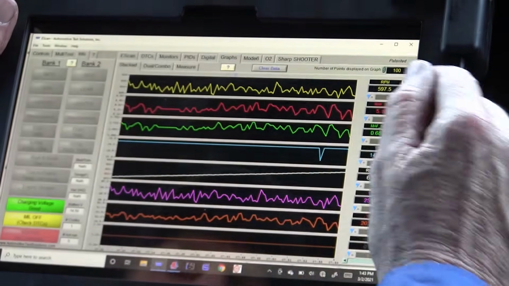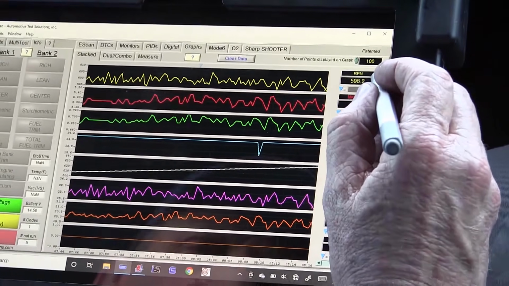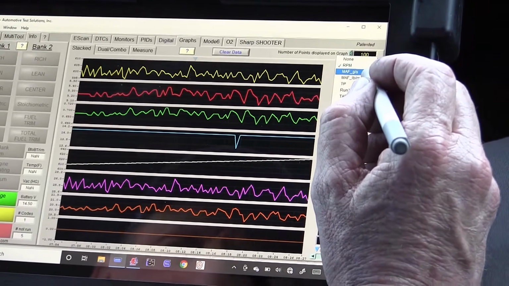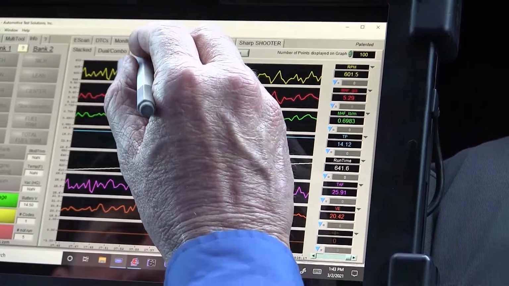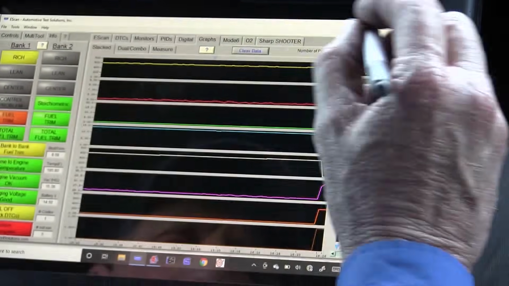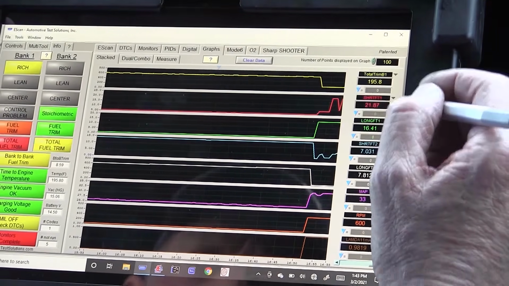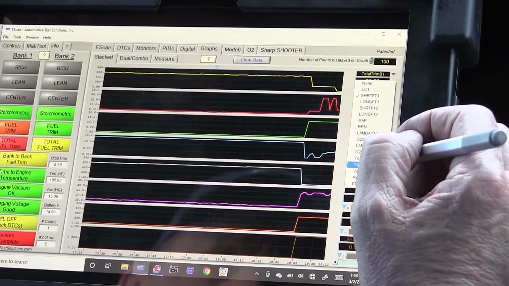So let's go over here, and I want to change a couple of things. The first thing I want to do is get all the data that we would normally collect first. I want total trim bank 1, total trim bank 2.